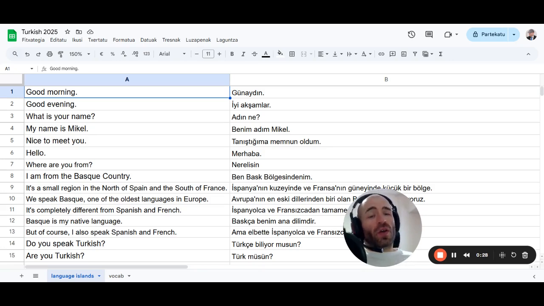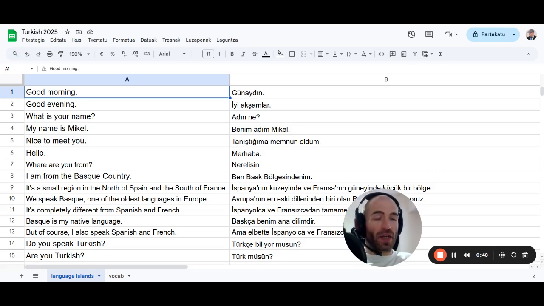So, language islands. Language islands are groups of sentences about a specific topic, for a specific scenario, conversation, or situation.